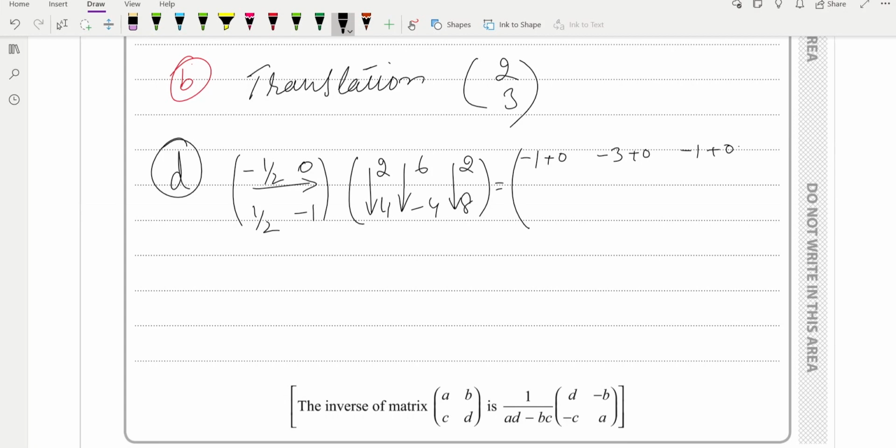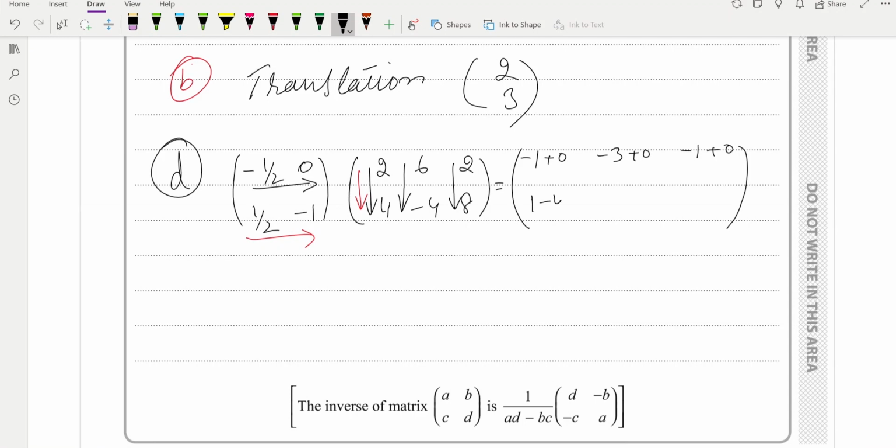So minus 1 and 0, and this will be the first row of the matrix. Then we will multiply the second row with the first column. If I show with the red color, second row with the first column will give us 1 by 2 into 2 will be 1, and minus 4.